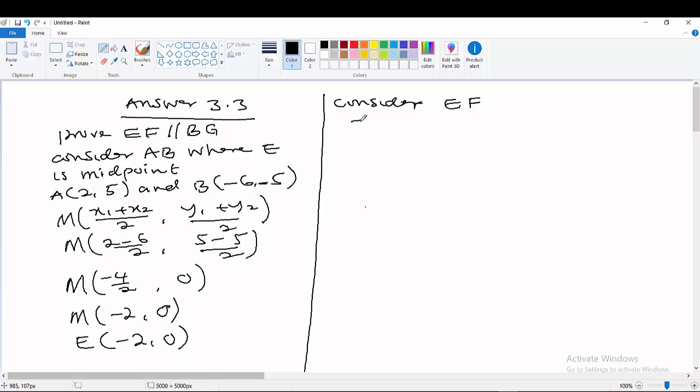We know that the coordinate of E is (-2, 0), and the coordinate of F is (3, 3.5). So we need to determine the gradient of EF.